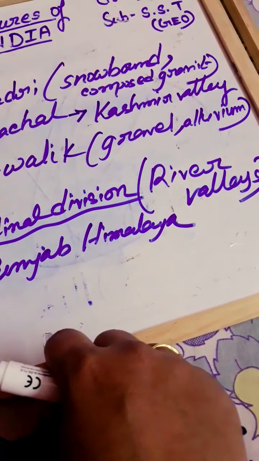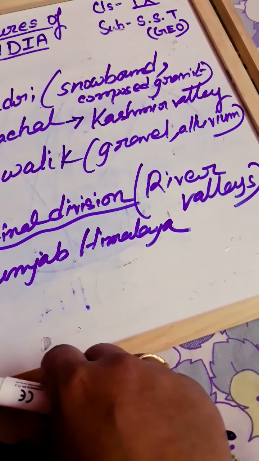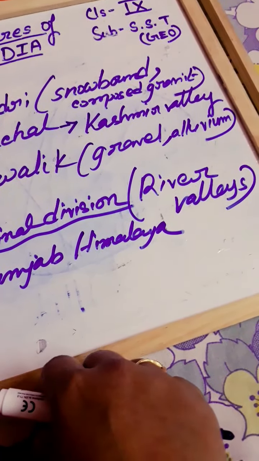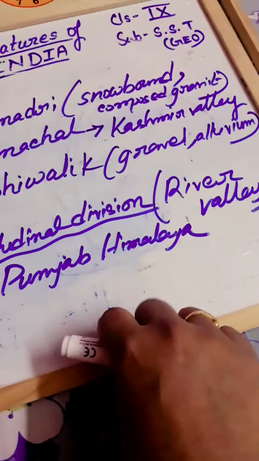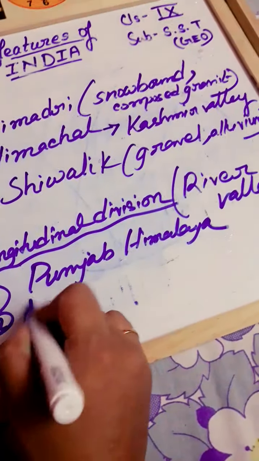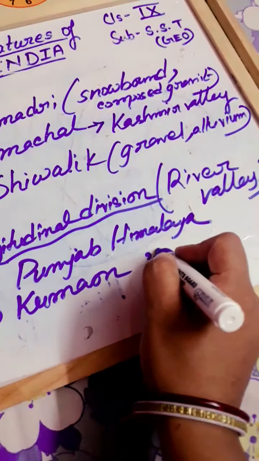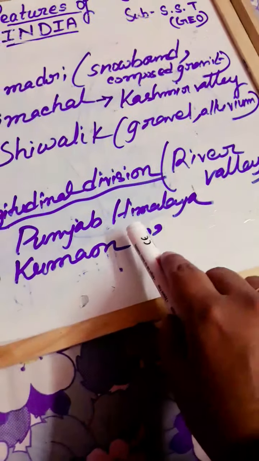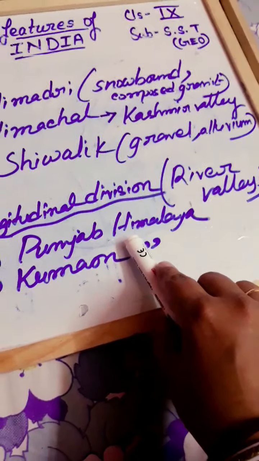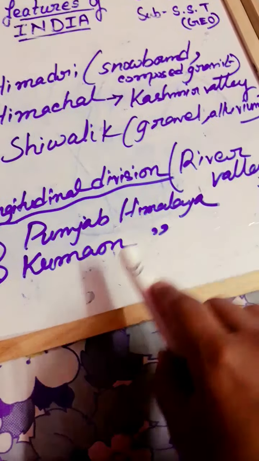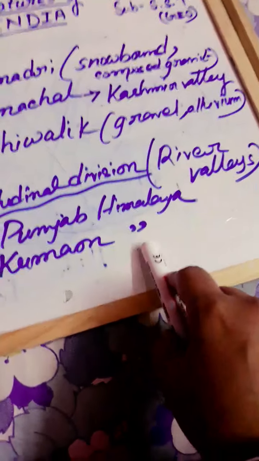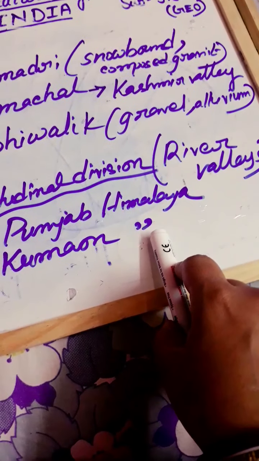The part of the Himalayas lying between the Satluj and Kali rivers, very important, is known as Kumaun Himalayas. So you have to read what Punjab Himalaya and Kumaun Himalaya are, and in which portion they are located.